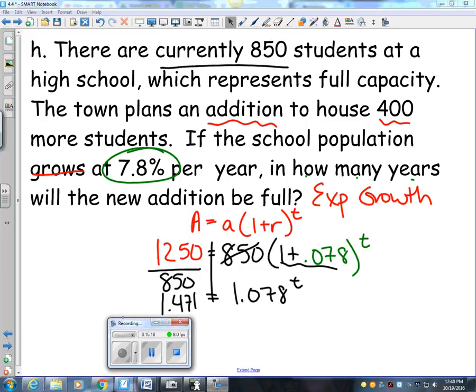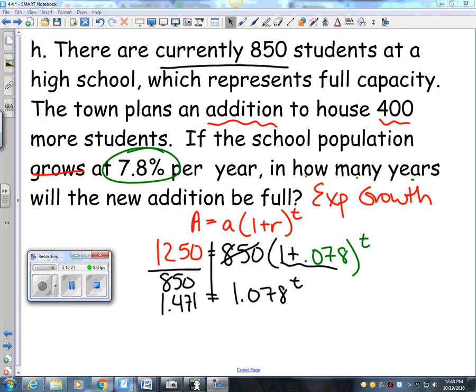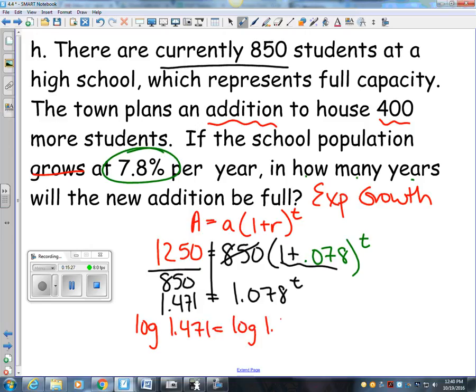And t is in the exponent, so you've got to take the log. So log of 1.471 equals log of 1.078 to the t, and you throw the t to the front.